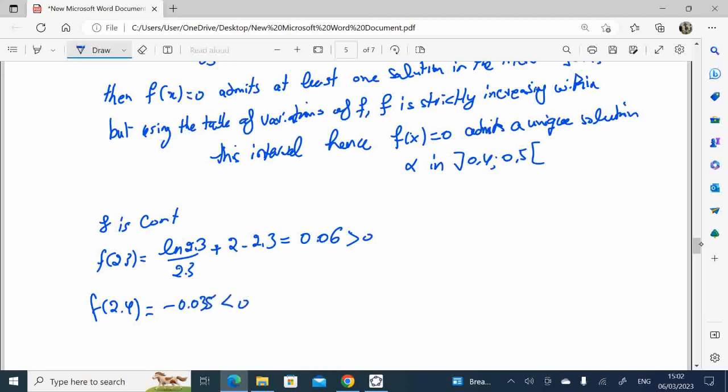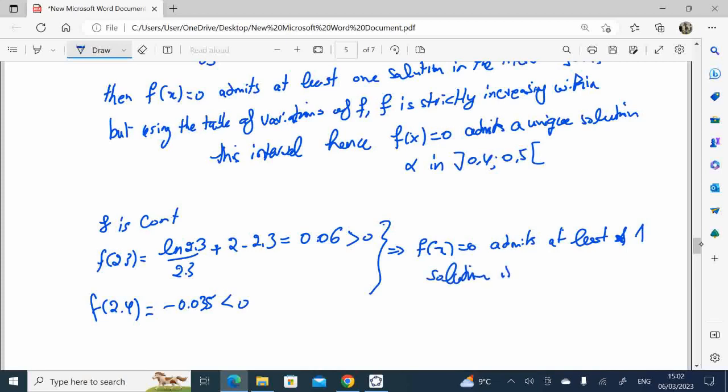Hence, from this, we say f of x equals 0 admits at least one solution in the interval 2.3, 2.4.